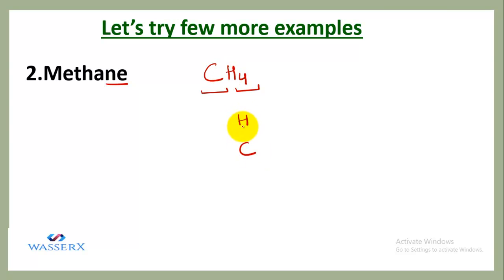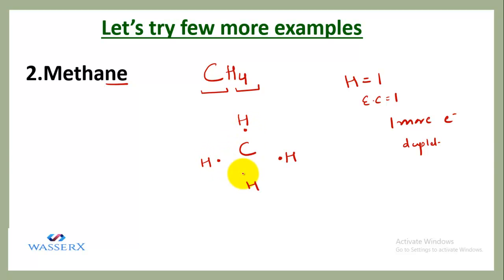So we are going to arrange these hydrogens in such a way that they surround the carbon. Now, if we write the atomic number, we know that each hydrogen has 1 electron and even the electronic configuration is 1. And it needs 1 more electron in order to attain the duplet. So let's write 1 electron, because 1 electron this hydrogen will be contributing towards the carbon.